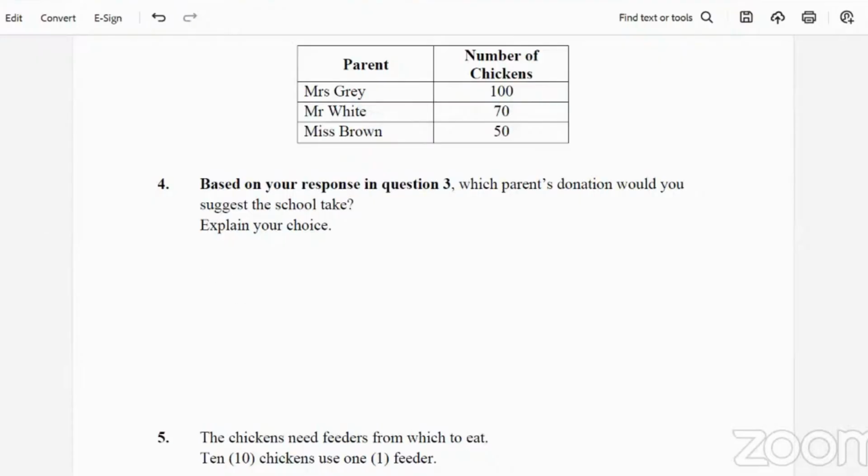Again, I'm going to try to type it as quickly as possible. All right, so you have to make sure you're writing this in sentence form.